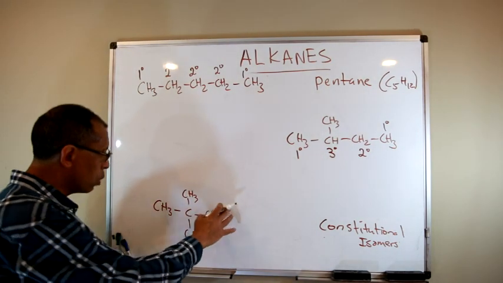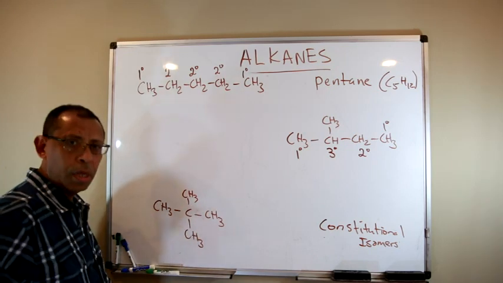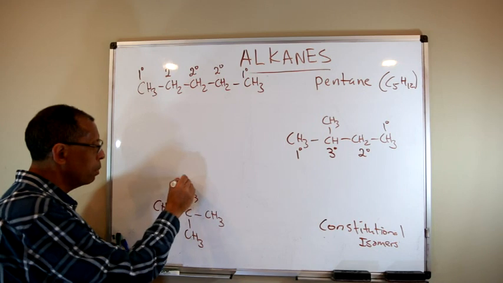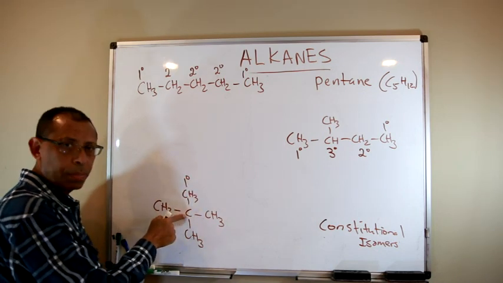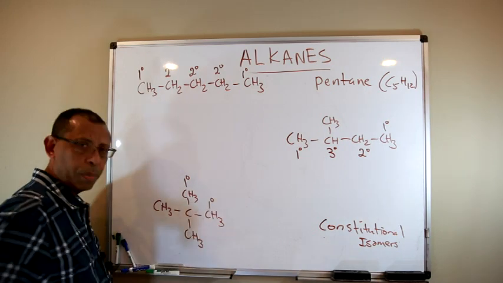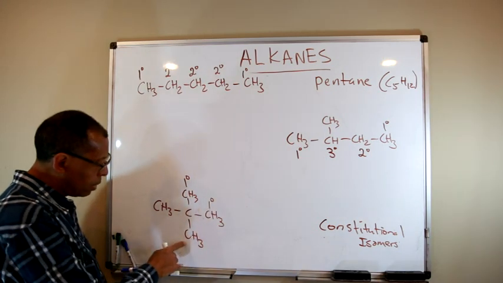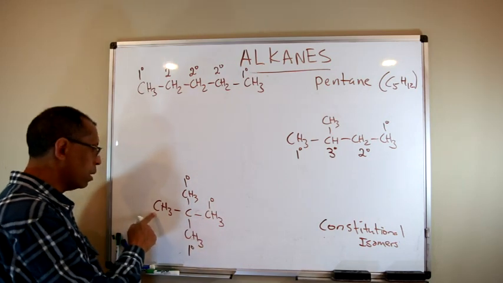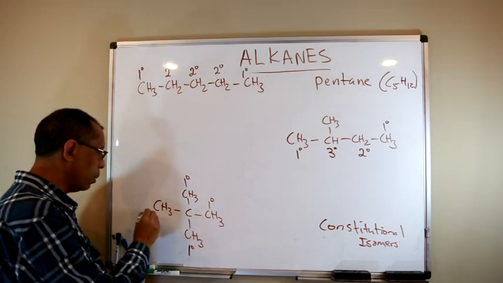Now let's come to this one right here. This carbon is a primary carbon because it's only attached to this carbon. That carbon is also primary. This carbon is also primary, and this one is a primary carbon.